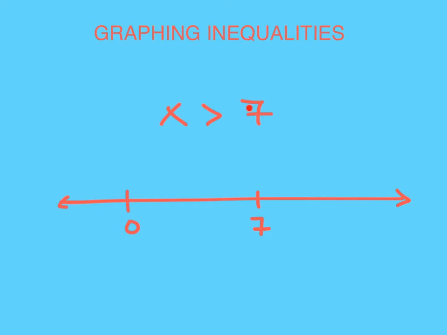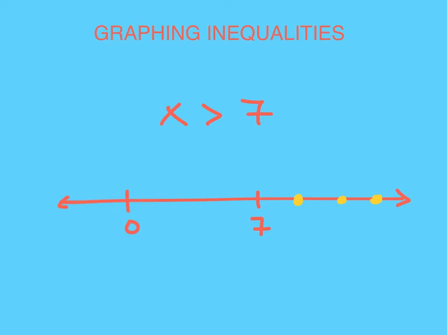Now, when x is greater than 7, I'm going to ask, what numbers would satisfy this inequality? What numbers could I plug in for x that would be larger or greater than 7? Those numbers would be something like 8, 9, 10. All of those numbers are going to be larger than 7.